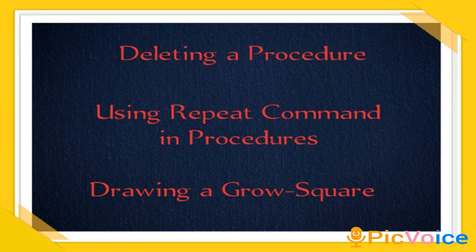Dear students, deleting a procedure. If we want to delete a saved procedure permanently, follow these steps. Step 1 is click on the file menu and go to the erase option, and you will see a dialog box.